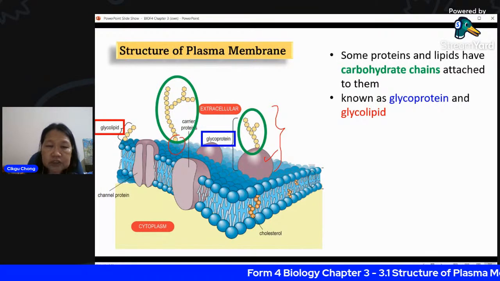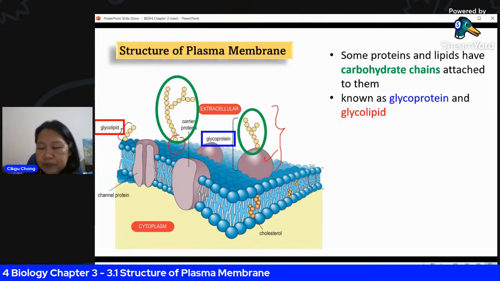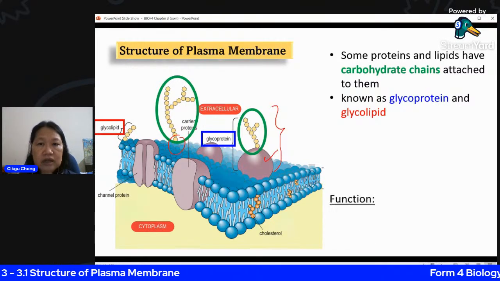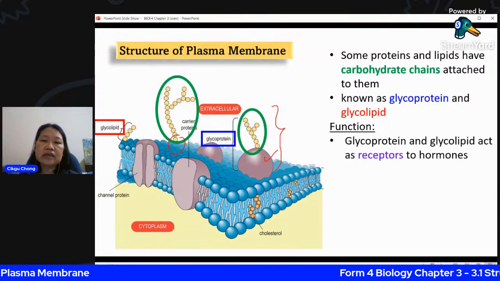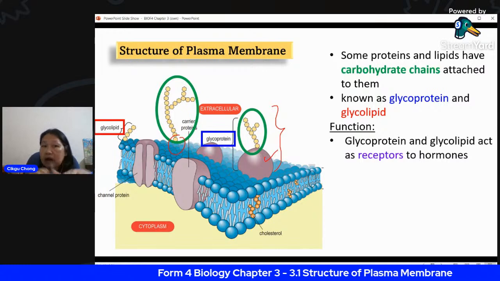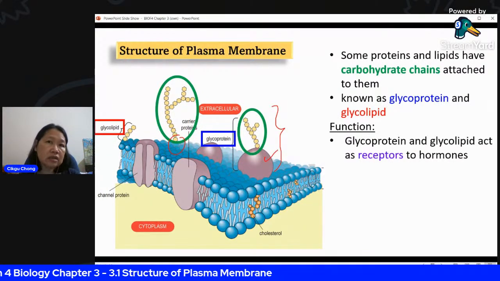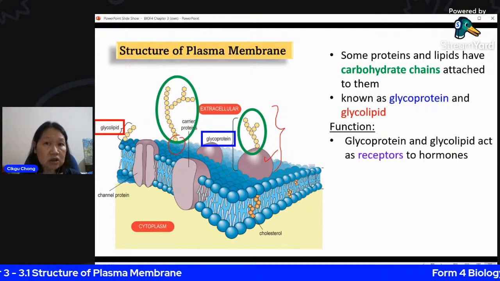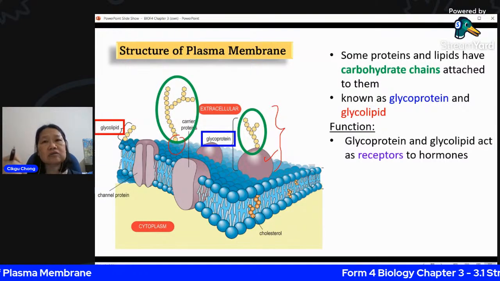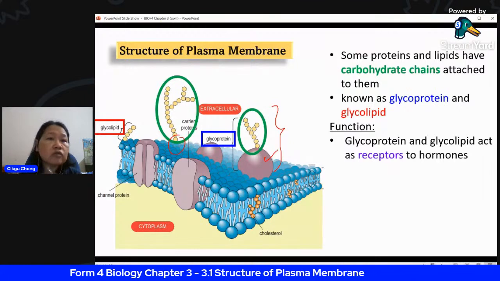Okay, and then what's the function? All right, why do we need these things on the surface? Why are these carbohydrate chains attached to it? So they serve a function. Okay, one of the functions here is they act as receptors to hormones. Okay, now this is attached onto the outer side of the cell. So certain hormones, okay, when the body releases certain hormones, these hormones will act on the cell. Okay, the cell has to receive the hormone, and then this is the target cell. The cell will know what to do.